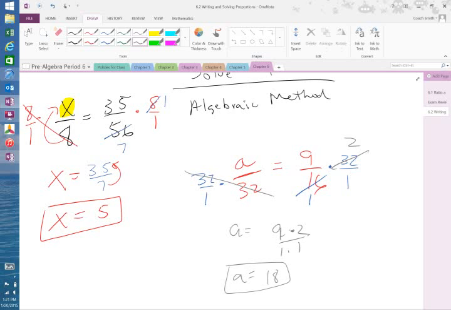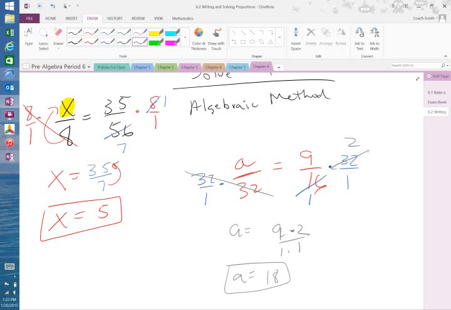Setting up two ratios, seeing which one's missing. We've already really sort of done that with the rates that we did the other day, when they had, for example, 350 miles in 1 minute, and then it was equal to blank in 1 hour. That's sort of what these proportions are.